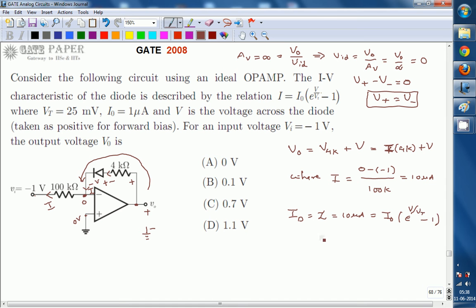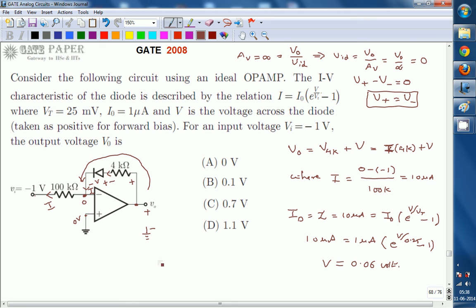So 10 microamperes is equal to 1 microampere multiplied by (e power v by 25 millivolts, minus 1). If you simplify, you get v equal to 0.06 volts.